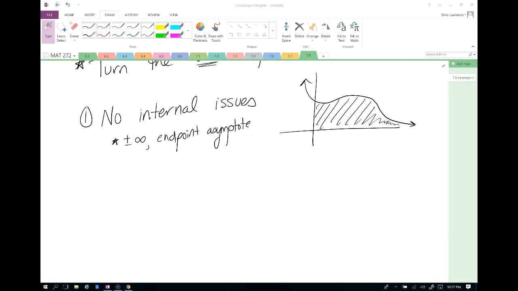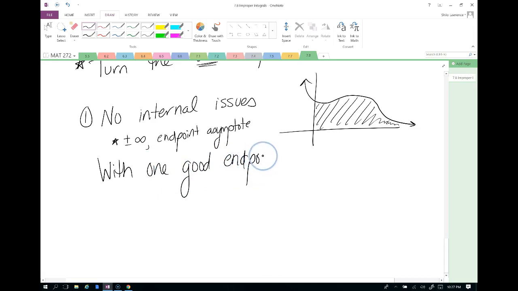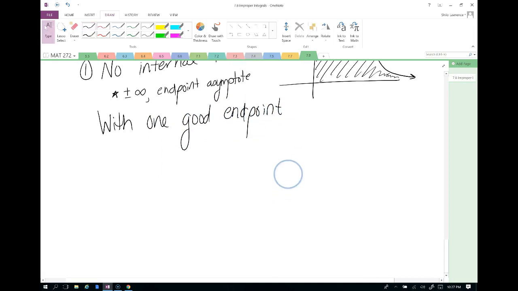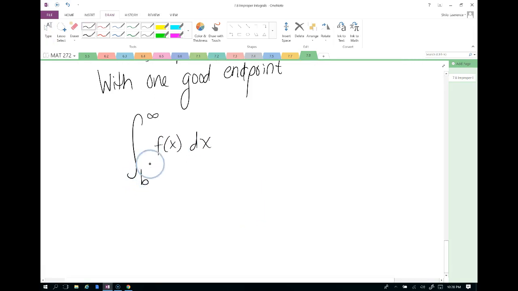And let's also say here that you've got one good endpoint. So just as an example, I'm going to say like b to infinity. So b is a good endpoint. Infinity, that's a bad one.